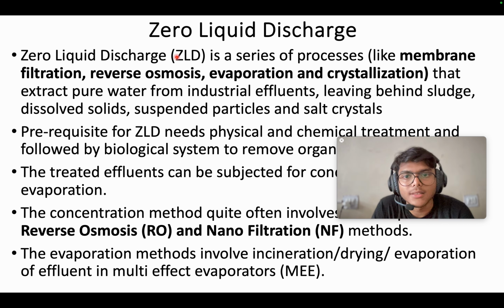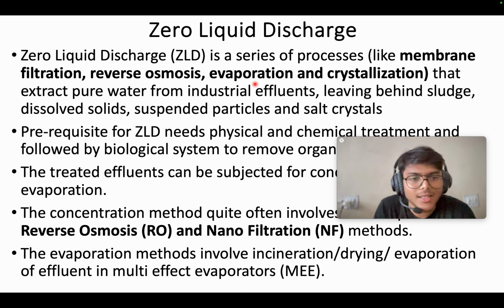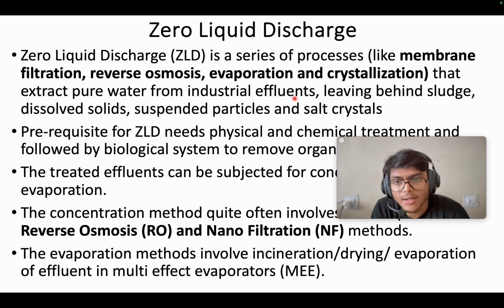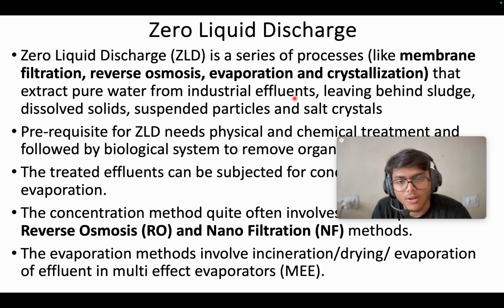So basically, zero liquid discharge is a series of processes like membrane filtration, reverse osmosis, evaporation, and crystallization that extract pure water from industrial influent. So it just extracts the pure water from the industrial influent, leaving behind the sludge, dissolved solids, suspended particles and salt crystals, as you can see.